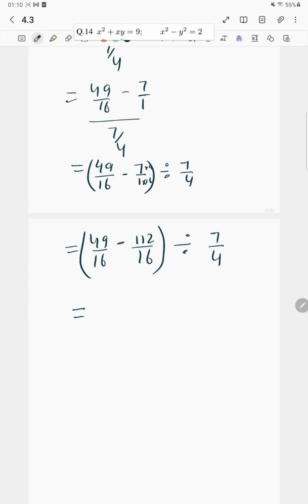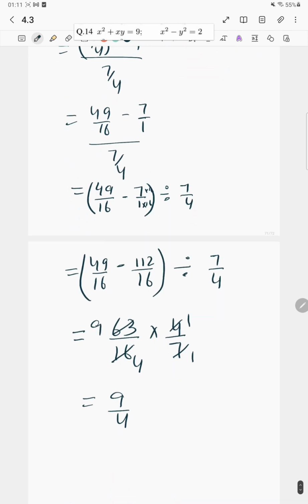So it's 112 minus 49, 63 over 16 multiplied by 4 over 7. So it's 9 over 4. So x is equal to 9 over 4.